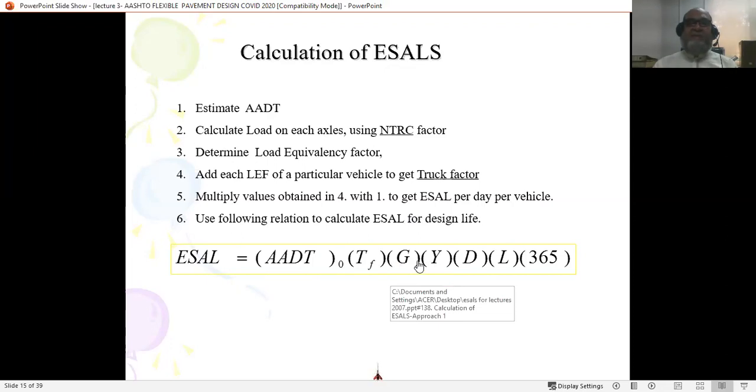I will tell you later how we calculate it. Then the direction distribution, the lane distribution, and multiply by 365, because this is a single day's traffic, so we have to convert it to the lane traffic.